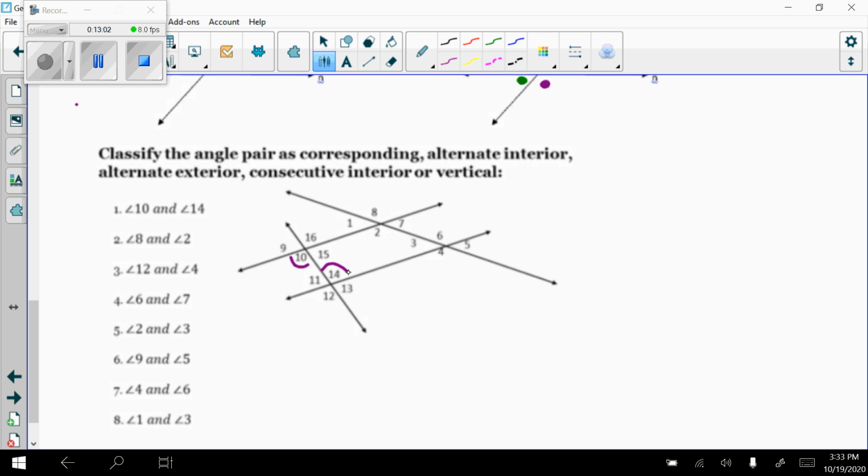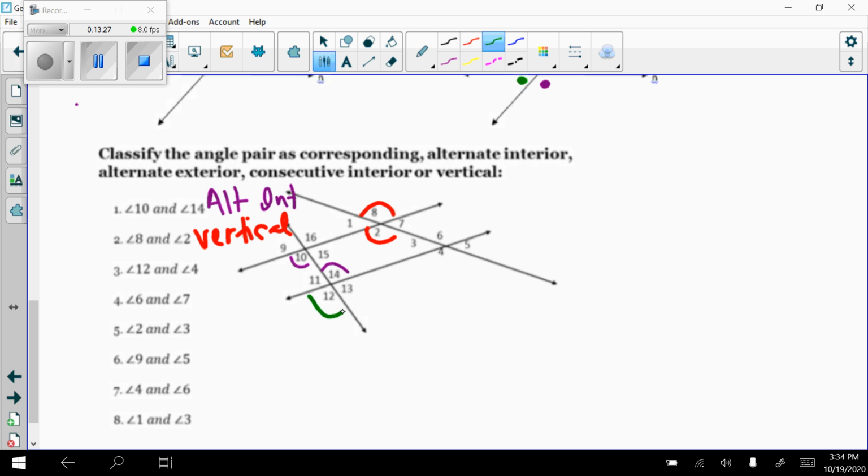They're on opposite sides of the transversal, and they are in between 2 parallel lines. So these are alternate interior. Number 2, we're looking at angle 8 and 2. So 8 and 2, those are vertical. We remember those.